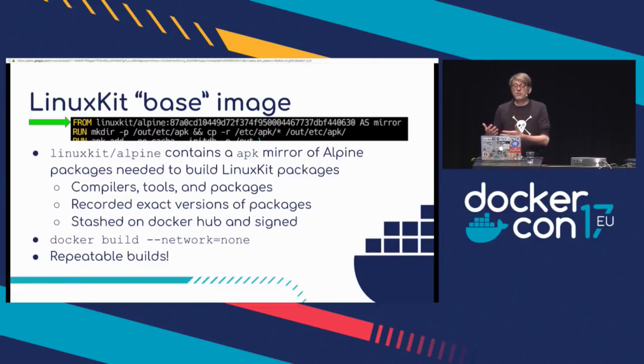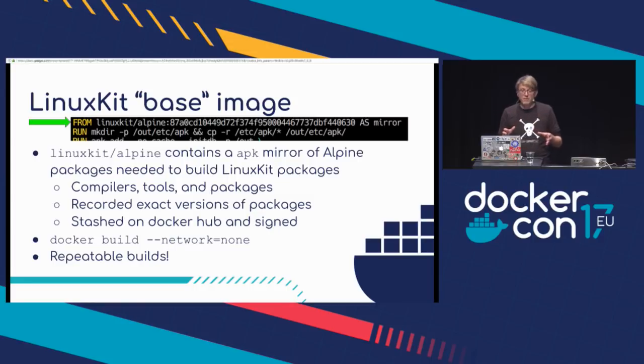When we build this base image, we record the exact version of all the packages which we put into this mirror image, and then we push this base image to Docker Hub. It is signed. And now we can build other packages, like actual LinuxKit packages, from it.